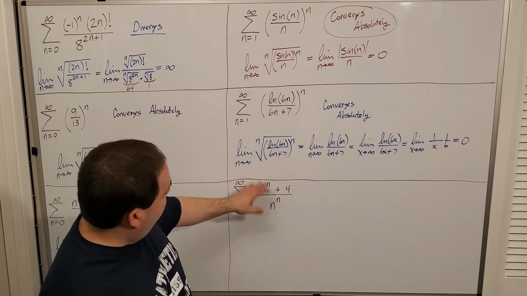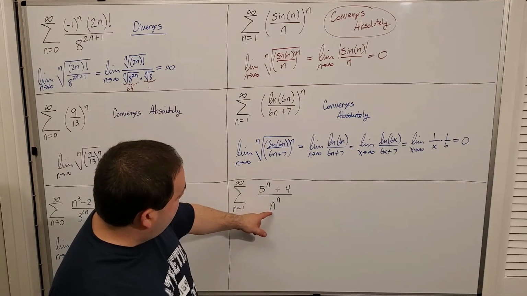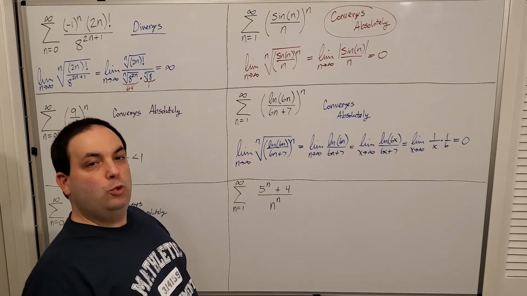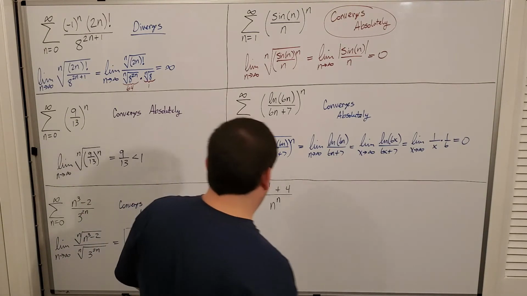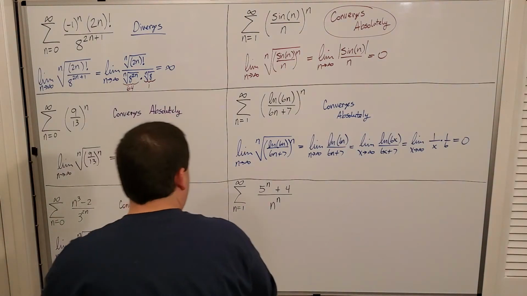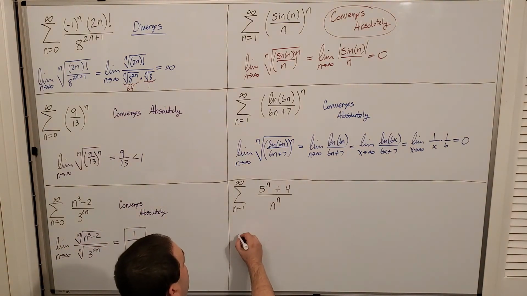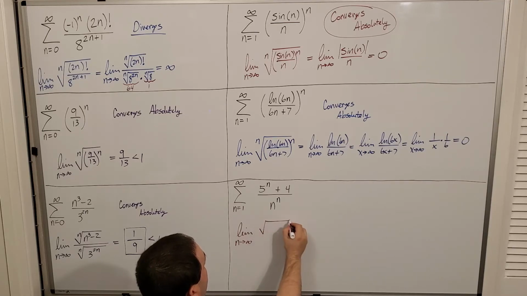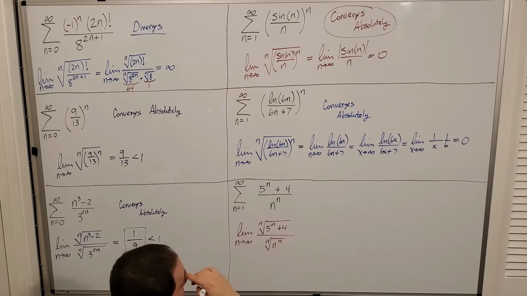Okay, what if I have combinations like this? I can see the n to the n. Something like that really should only be handled with a root test, right? Let's go ahead and do that. I'm going to take the limit as n goes to infinity of the nth root of 5n plus 4 over the nth root of n to the n.